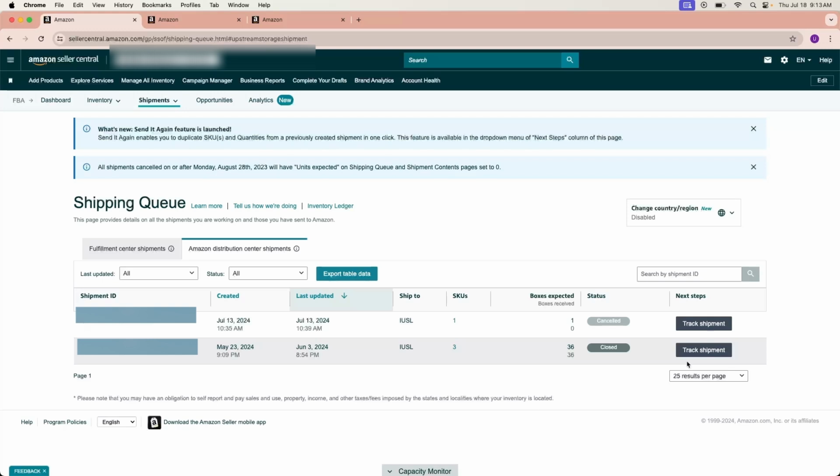You can also select the auto replenishment option. Once Amazon sees that your inventory for a particular SKU is low in FBA, it will create the auto replenishment plan. But I suggest you keep manual replenishment with you.